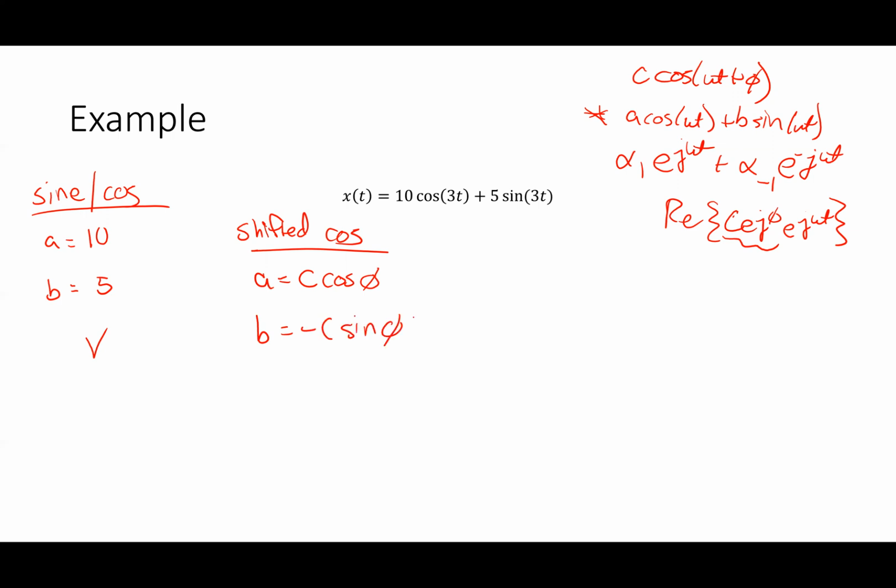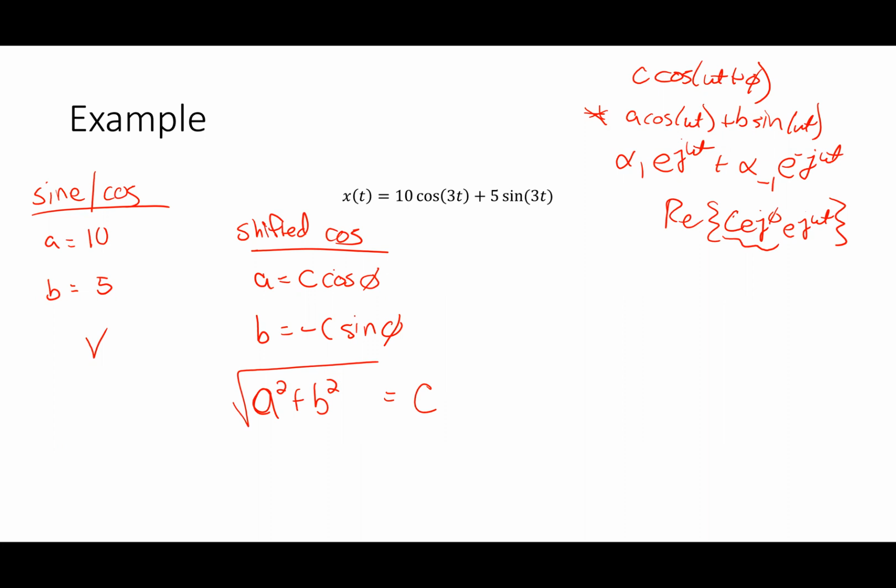If I did A squared plus B squared, what's that give me? If I did the square root of A squared plus B squared, what would that be? C, right? If you go through the math on that, it's not hard to show. I'd end up with a sine squared plus a cosine squared, which is 1. So I get C from that.